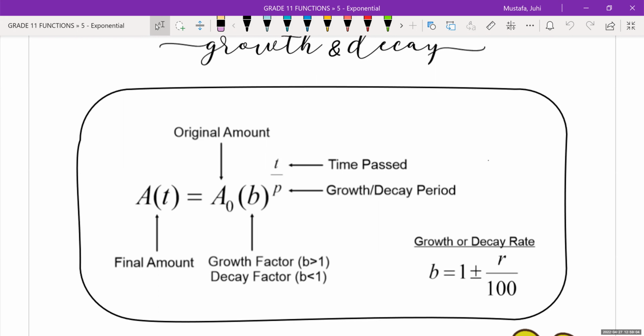And to give you an idea, I don't know if you guys have been following the news, but there have been a lot of things about nuclear power plants and stuff like that, especially in Ukraine. And so one of the things about radioactive material is that they have something called a half-life. And half-life is how quickly something can decay. So unfortunately, with radioactive material, the half-life is quite great and it takes a very long time for it to decay.